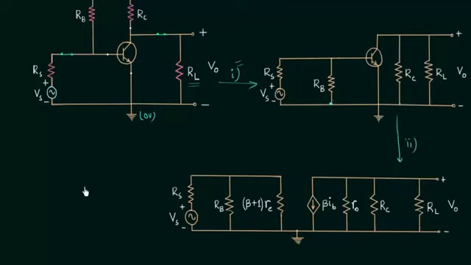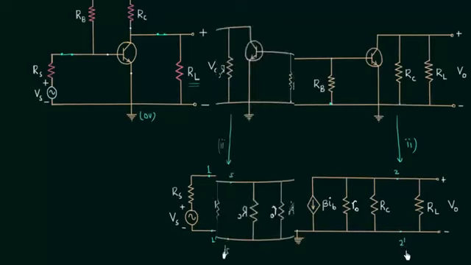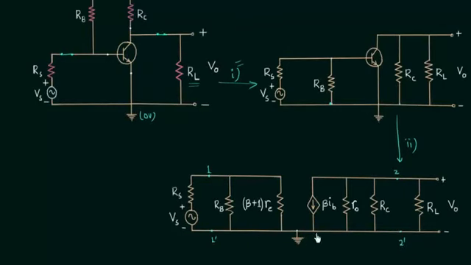Now we will move to the calculation of input and output impedances. Let's say this terminal is terminal 1 and this terminal is terminal 1 prime. This terminal here is terminal 2 and this terminal here is terminal 2 prime. In order to calculate different circuit parameters, we will neglect the source and we will also neglect the load.